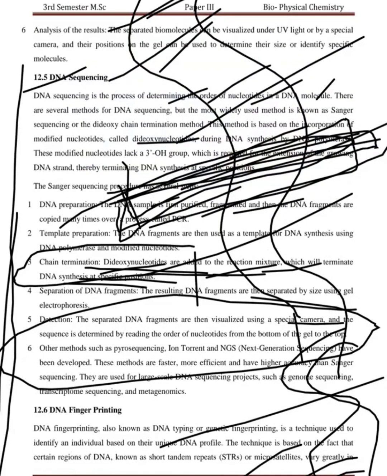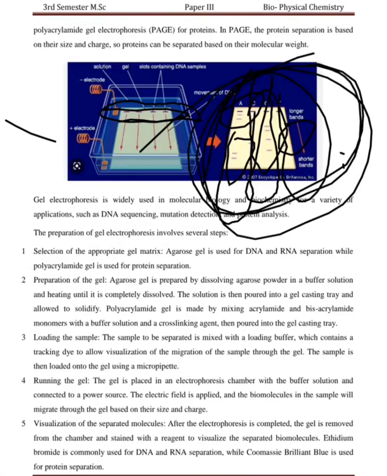Then detection: the separated DNA fragments are visualized using the UV chamber. The sequence is determined by reading the order of nucleotides from the bottom of the gel to the top.